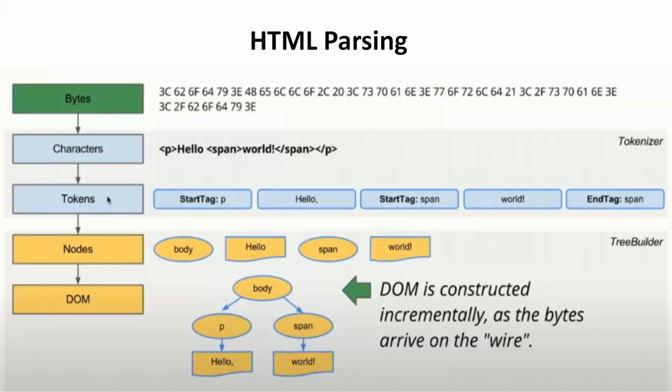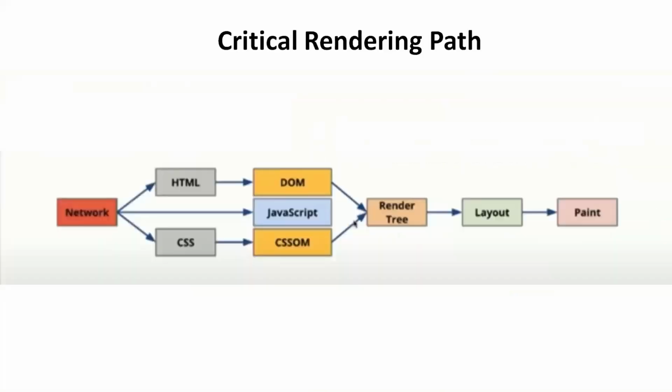After the DOM, it will undergo the process of rendering, layout, and paint. And you have two models: the CSS object model and the document object model.